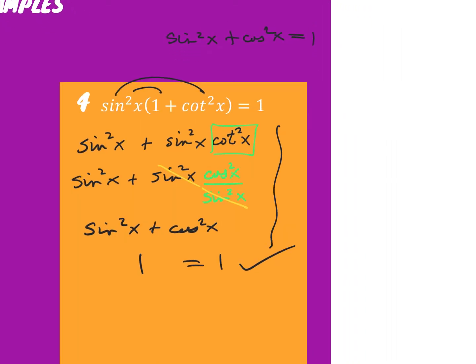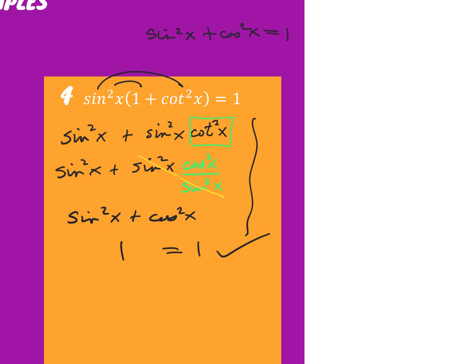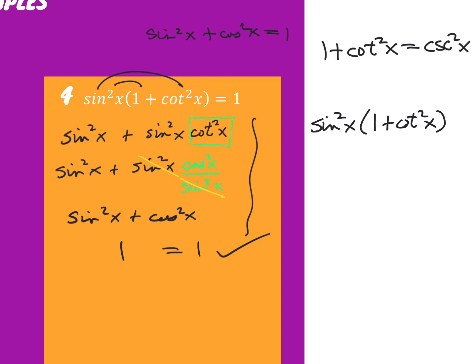Now the other way you could have done this is, let me rewrite the problem here. Sine squared x times 1 plus cotangent squared x. I'm going to simplify this. I'm going to be using the Pythagorean identity that states that 1 plus cotangent squared x equals cosecant squared x.